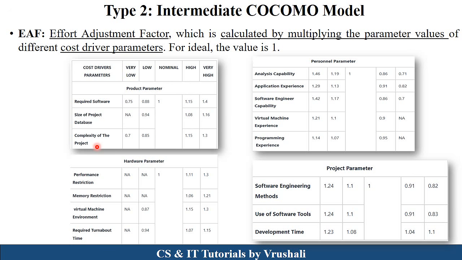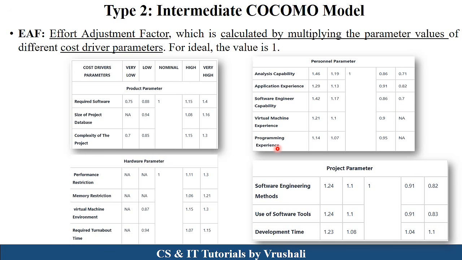Suppose the complexity of a particular project is very low, so you can use the EF value 0.7, and if the complexity of the project is very high, you can use the EF value 1.3, in this way. Similarly, there are hardware parameters, personnel parameters and project parameters. See here in personnel parameters. Suppose software engineering capability is very low, so the EF value is 1.42. And suppose it is very high, so the value is 0.7.